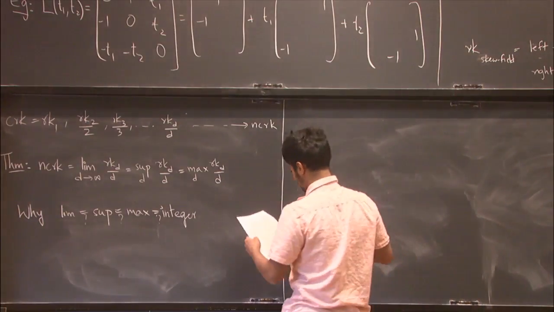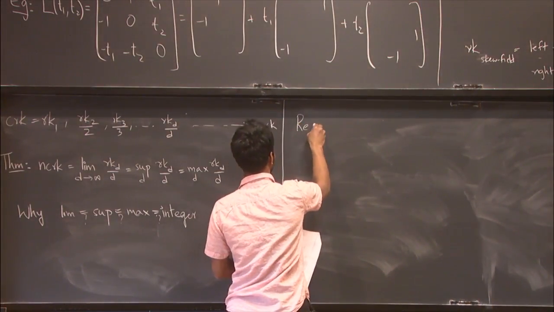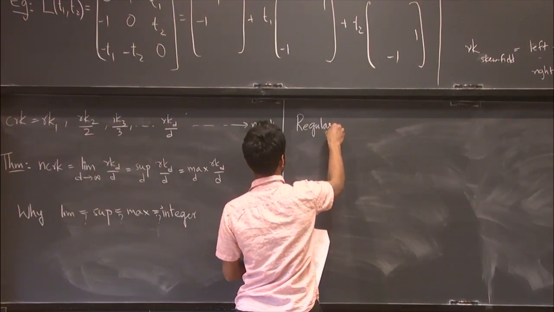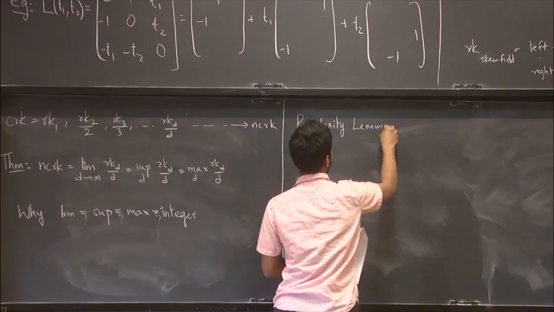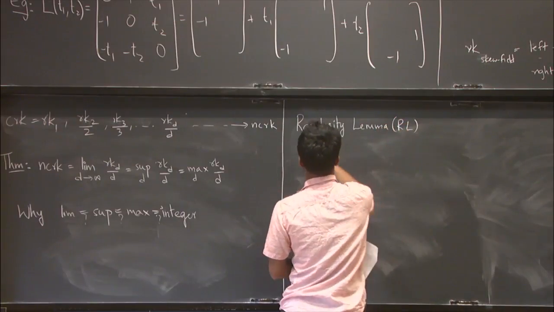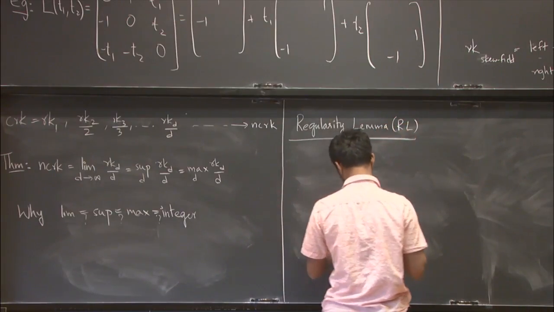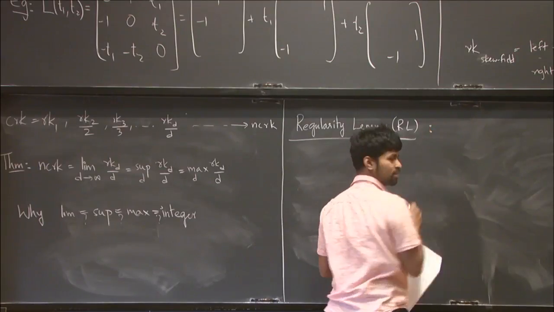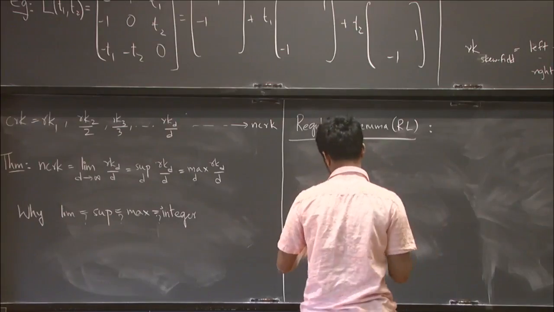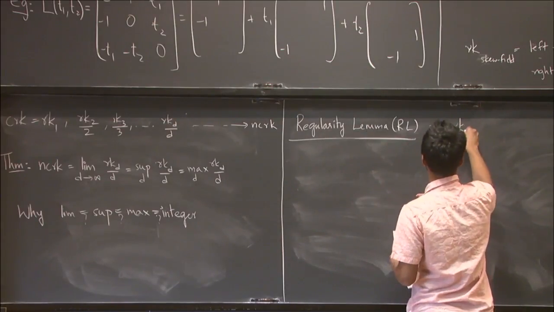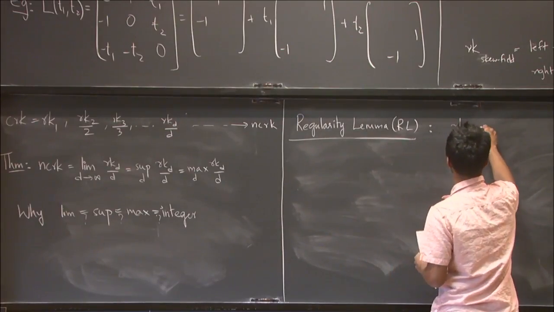Basically the thing that drives pretty much everything in this particular story is the regularity lemma, which I'm going to abbreviate to RL. It has nothing to do with Guy's lecture. It's a simple statement. It says that rank d over d is an integer.